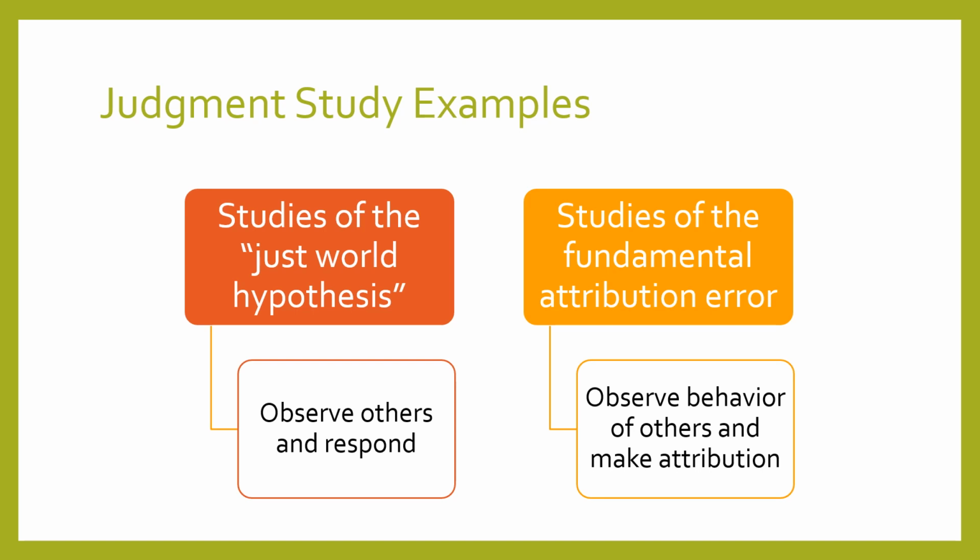So when somebody's behaving a certain way, people tend to think, oh, they must be this type of person, instead of saying, well, I wonder what the situation is that is potentially influencing them to act that way. For example, say somebody is giving a speech in front of their large lecture course.